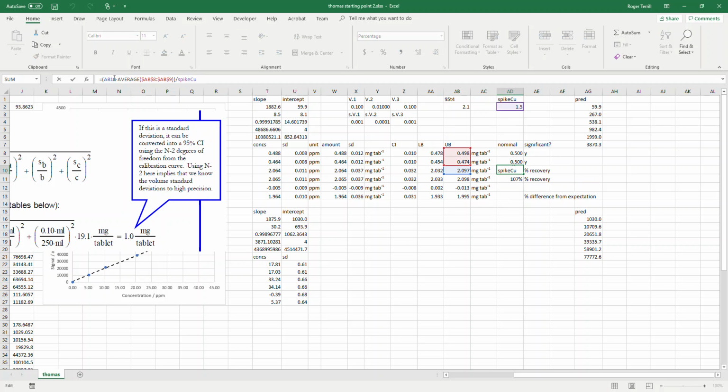It's not AB10, it is supposed to be 2.064, there we go. So it should be 105. There we go. And then this is really small, CI of 0.01, so this is acceptable.